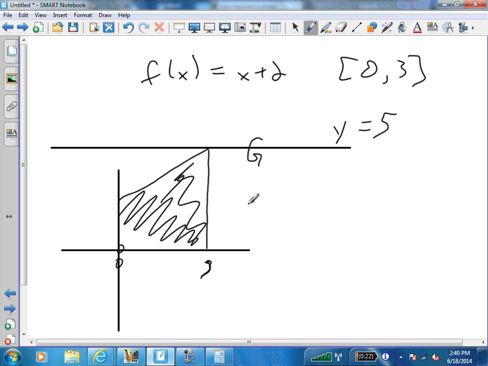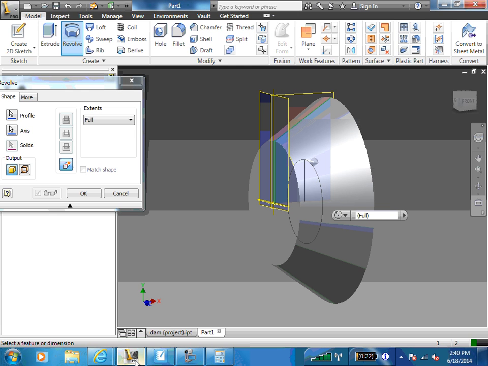Now, we have a touch of an issue here. Let's illustrate real quickly what that's going to look like.